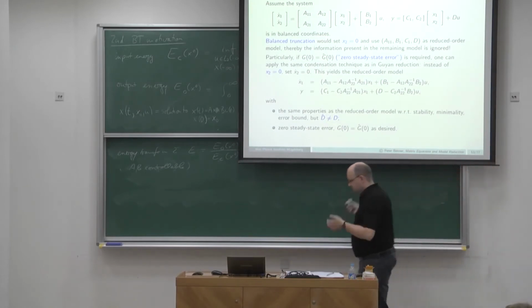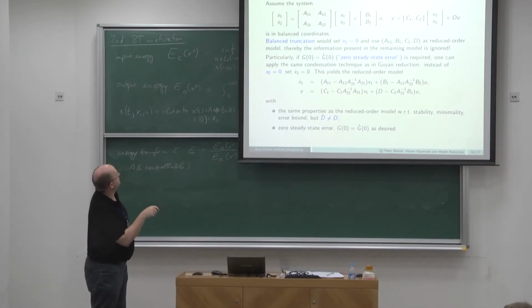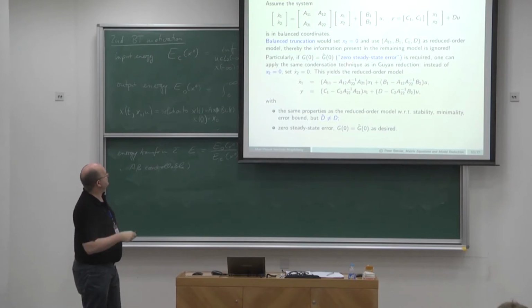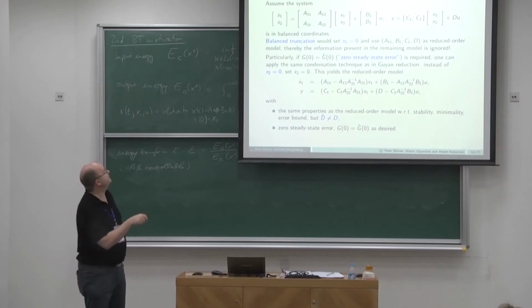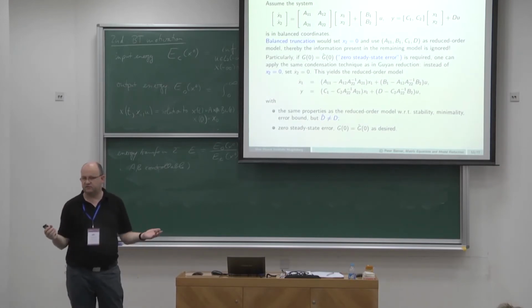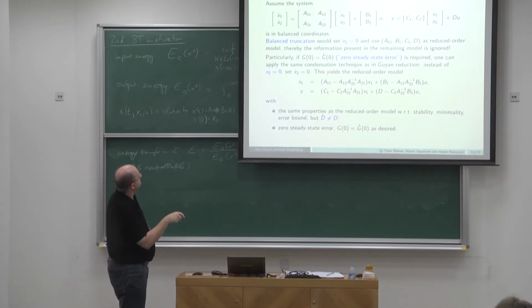And the approach, as I said, is exactly Guyan reduction. You set x2 dot to 0, so then you can solve the lower equation for x2, and because of the consideration that I just gave you on the previous slide, you know that A22 is a stable and thereby invertible matrix. You can do it. And you obtain that reduced order model.